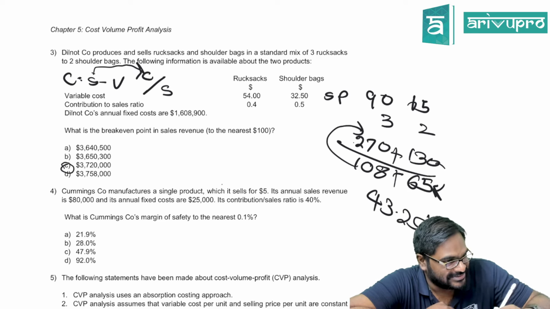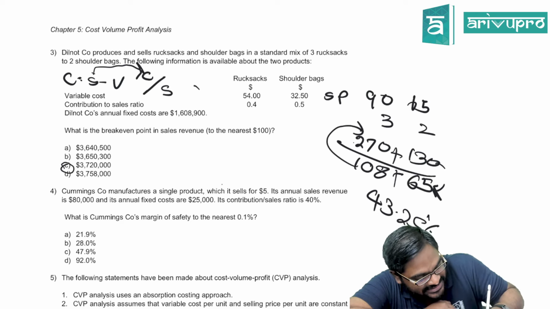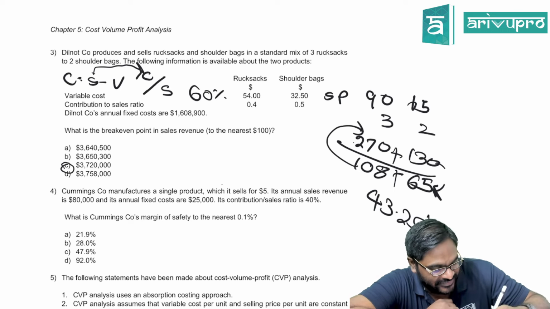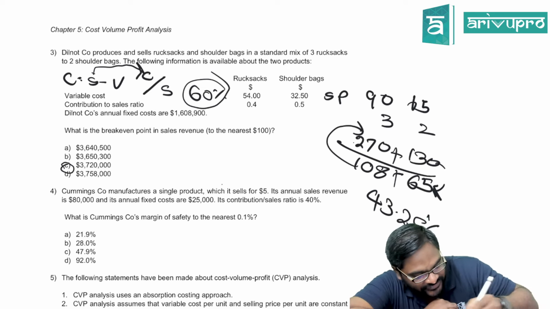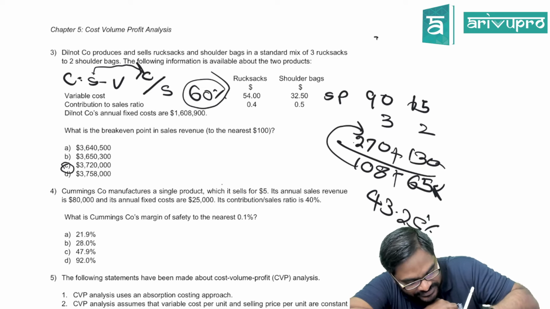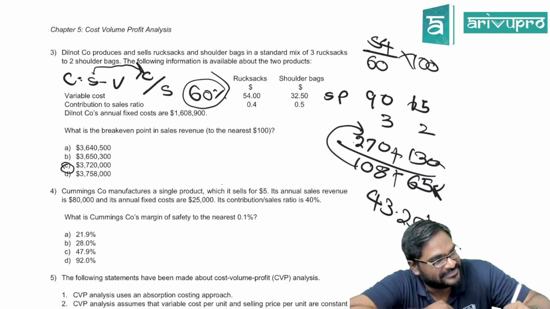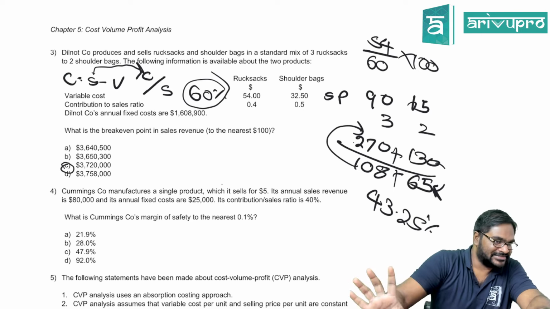Sales price minus variable cost. If that is the case, this 54 means 60%, isn't it? Agree? If I just solve this formula, this 54 equals to 60% of the sales price. So if I take this 54 and divide it by 60 and multiply by 100, I can get my sales price, isn't it? Agree on that? Everyone agreeing on that?